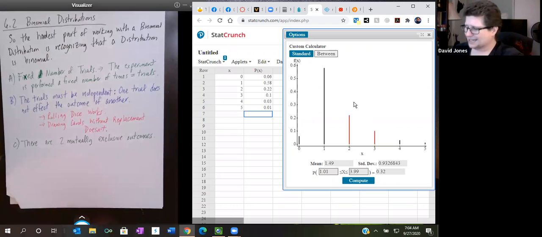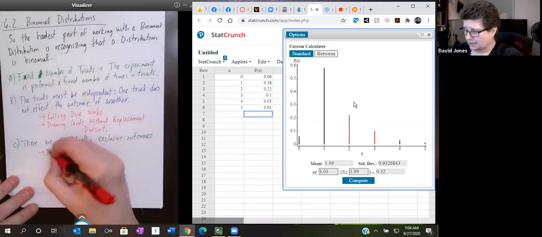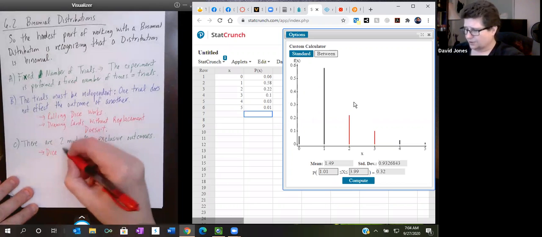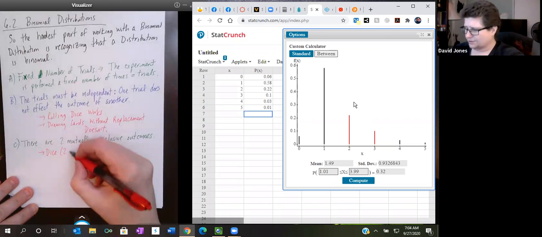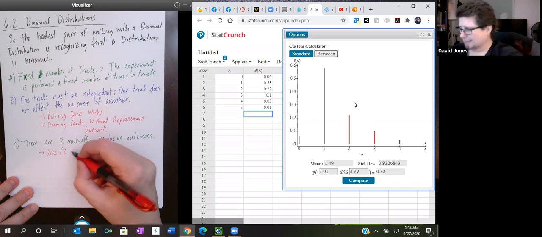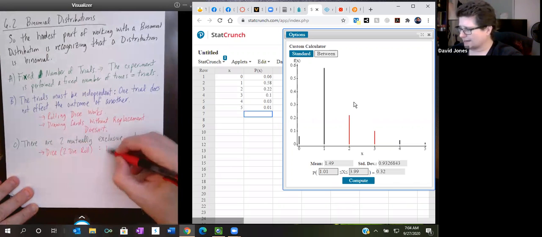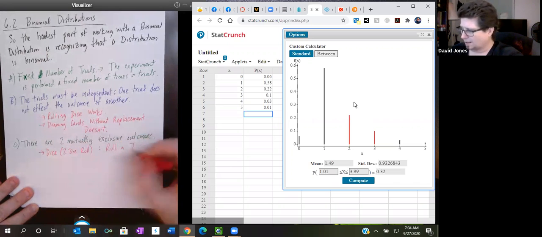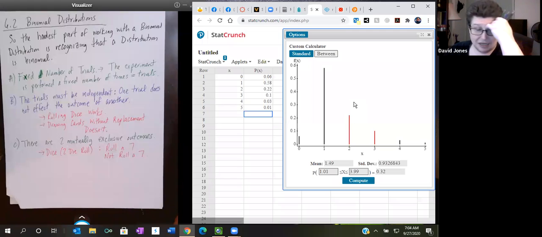So for the dice, rolling 2 dice, I could say one outcome is roll a 7, and the other outcome is not roll a 7. But I can't just list each outcome 2, 3, 4, 5, 6, 7, 8, 9, 10, 11, 12. You can only have 2 outcomes.